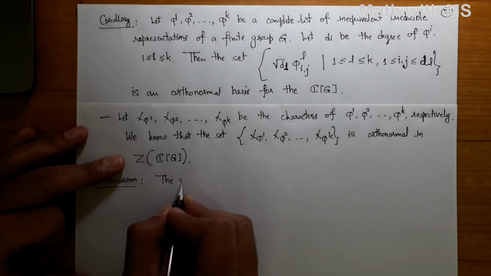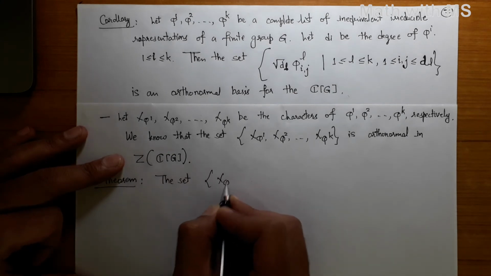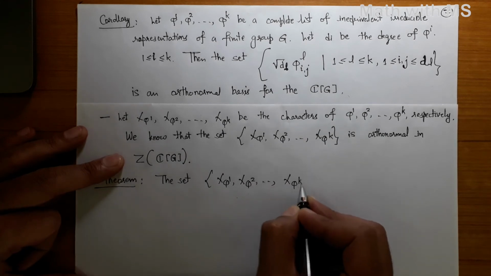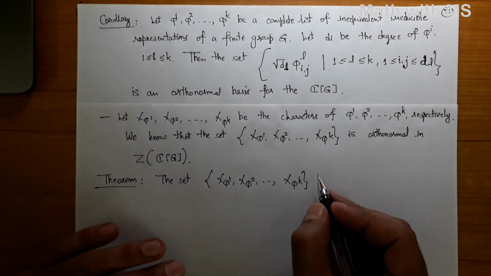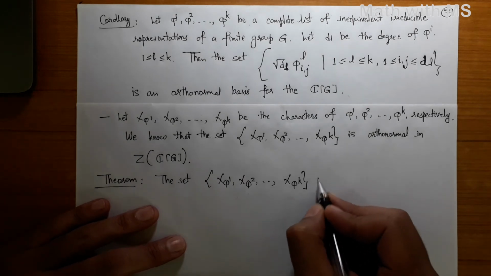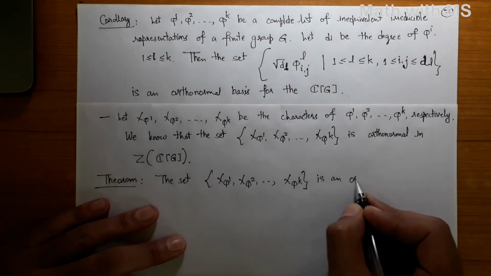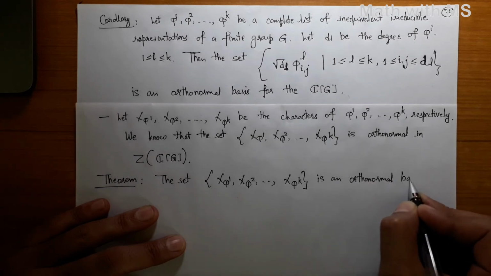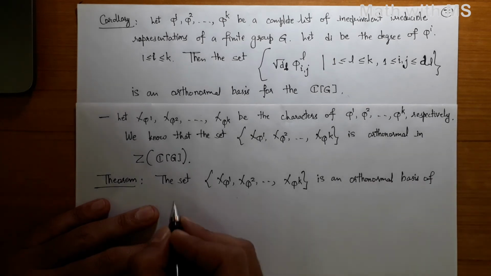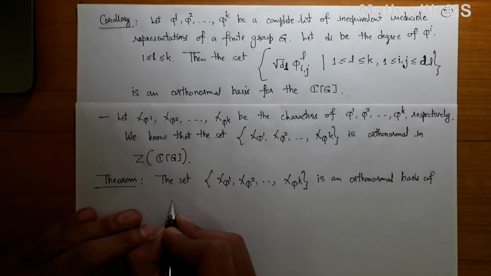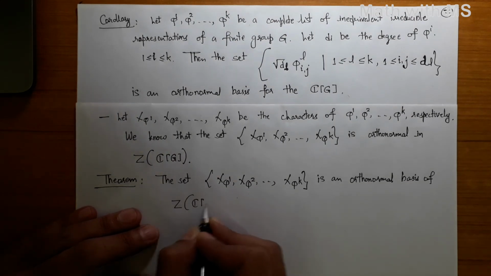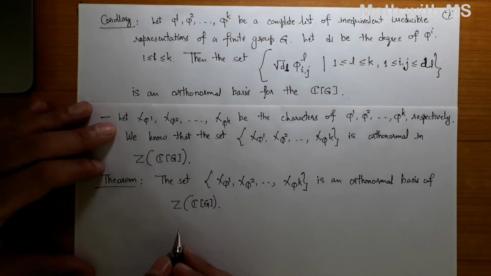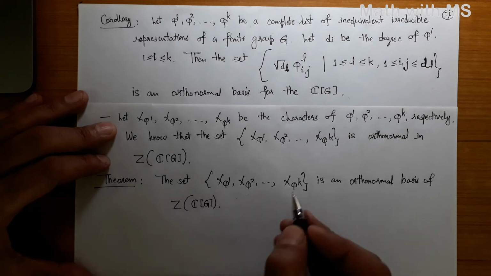The set chi phi 1, chi phi 2, chi phi k is an orthonormal basis of ZCG, the center of the group algebra, the space of all class preserving functions on the group G. So we already know that this set is an orthonormal set.